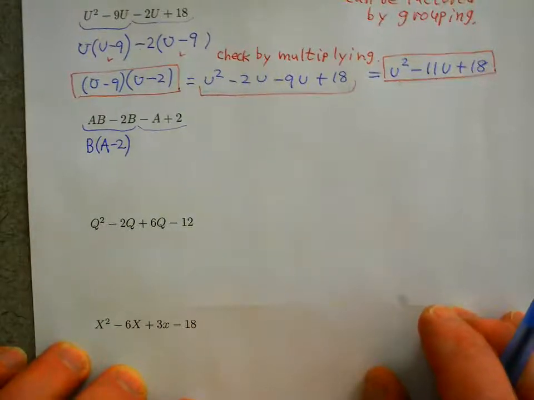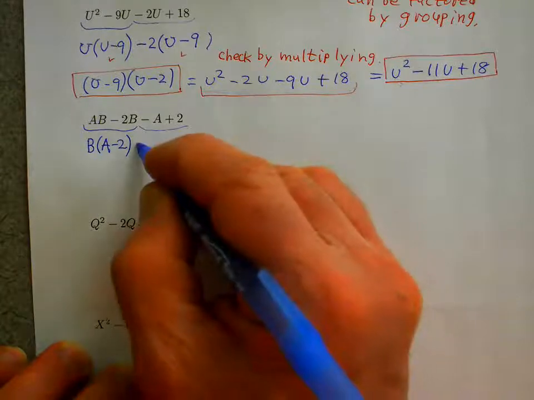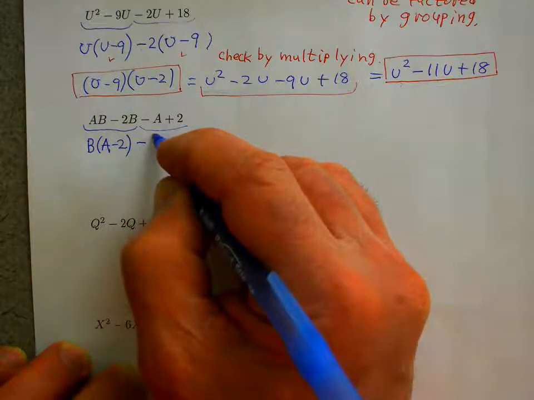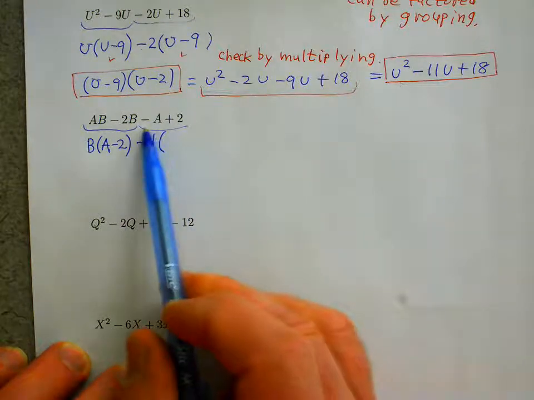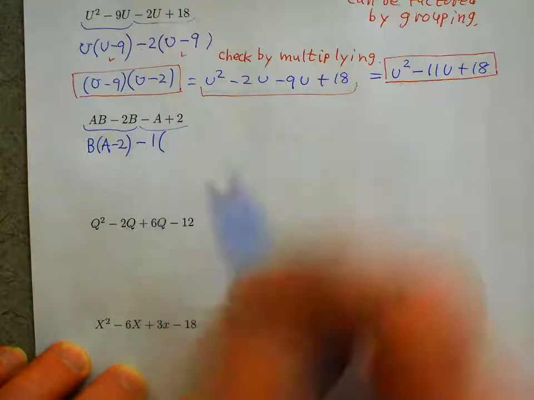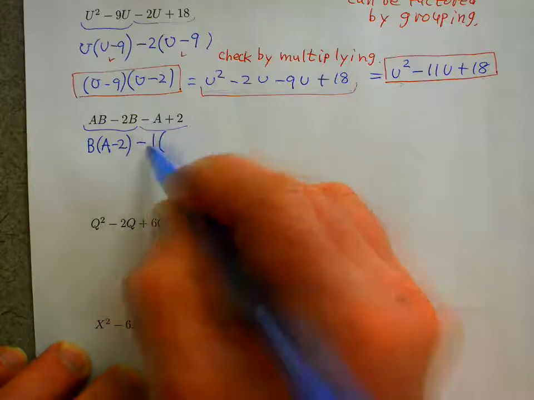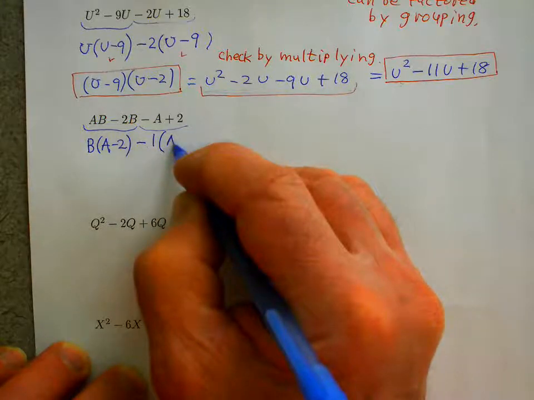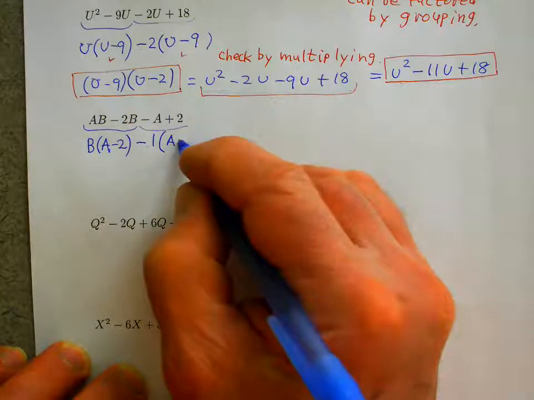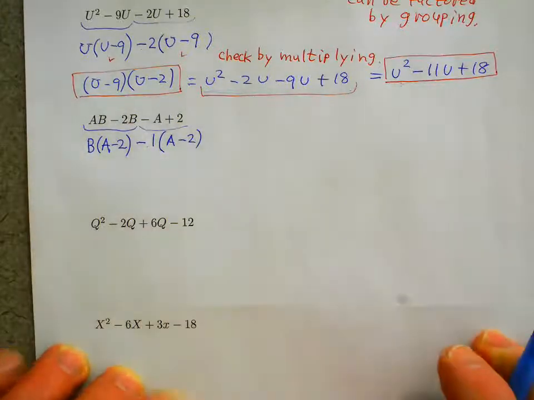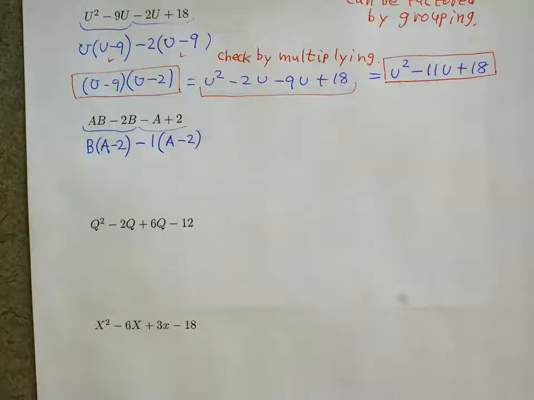So we're going to factor out negative 1. So we'll write minus 1. And then when we factor negative 1 out of negative a plus 2, negative a divided by negative 1 is a. And 2 divided by negative 1 is negative 2. So we write a minus 2.